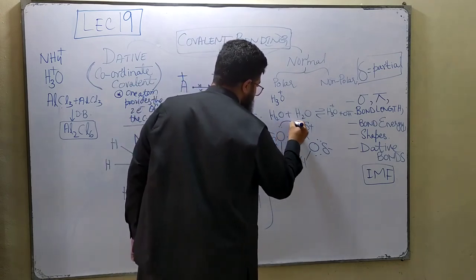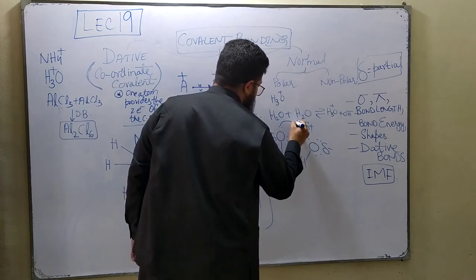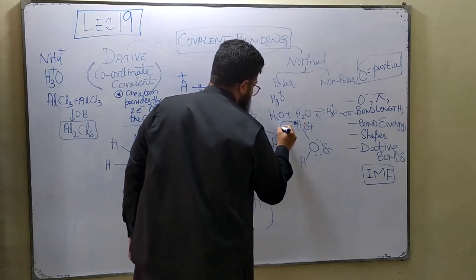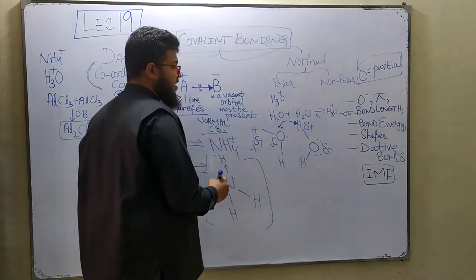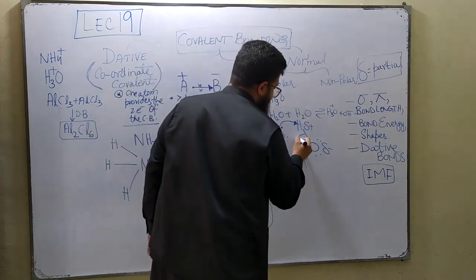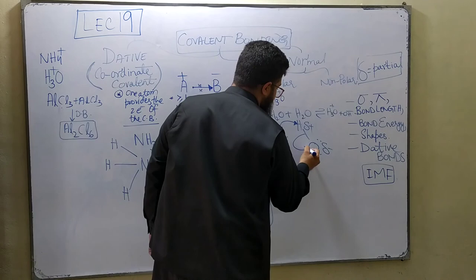Now it will use the 2 electrons and transfer both of them to the hydrogen atom. This transfer of 2 electrons is shown by a curly arrow, and as a result of this the bond will break and both the electrons will be transferred to the oxygen atom.